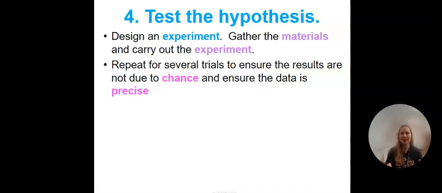We want to make sure that the data we collect is accurate and precise. Experiments are conducted way more than 5 or 6 times. We're talking dozens, if not hundreds of times to make sure that the results are trustworthy and precise.